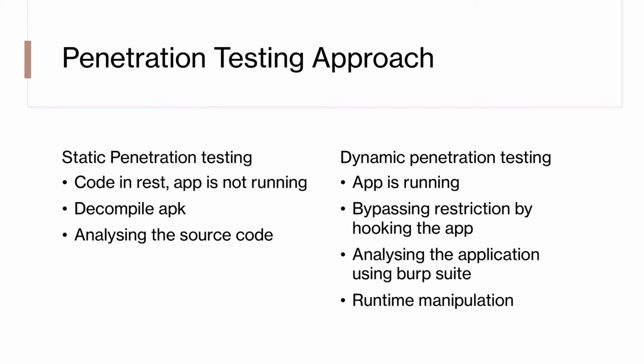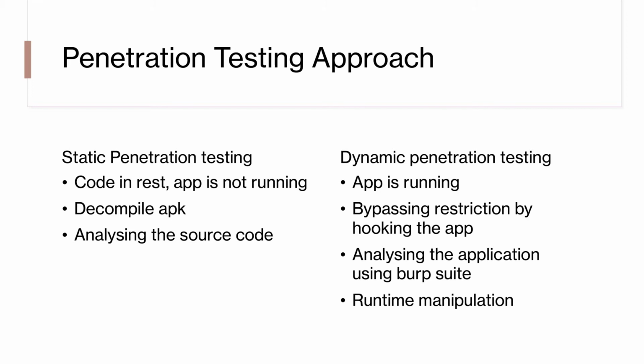That comes under static pen testing. Dynamic is when we install the application, run it, and start intercepting the traffic in Burp Suite. We start hooking the application using the Frida tool, and we try to bypass restrictions like SSL pinning or root detection. All these activities come under dynamic pen testing, right?